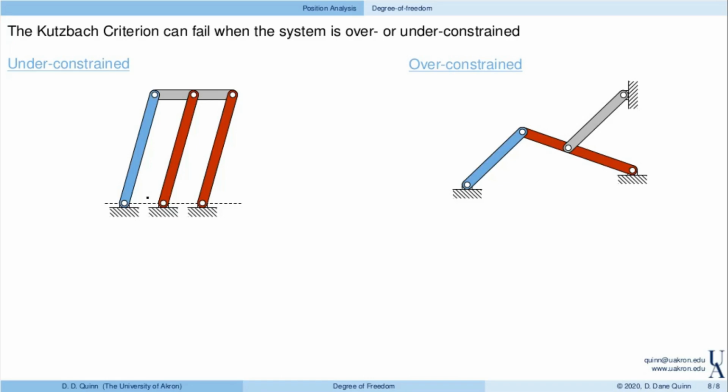So now this system has a lot of symmetry. It turns out that this is a 1 degree of freedom mechanism.